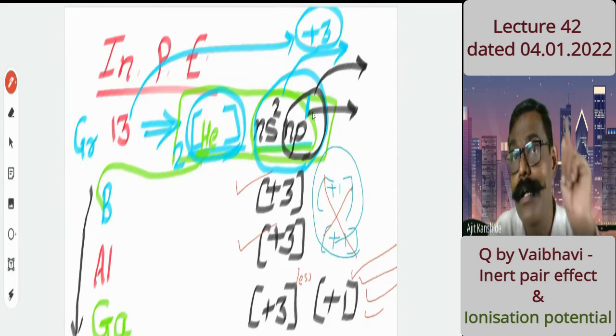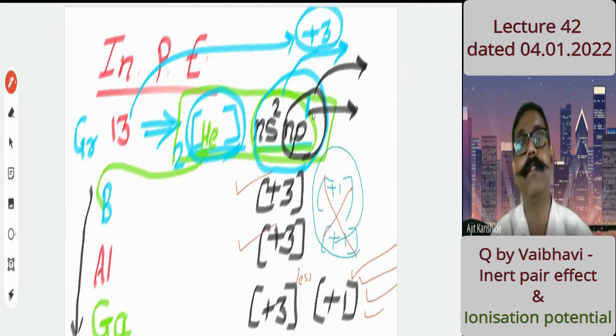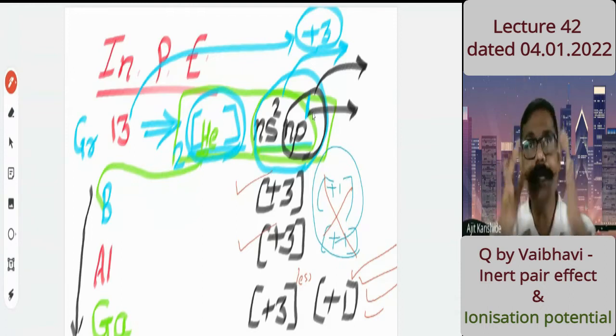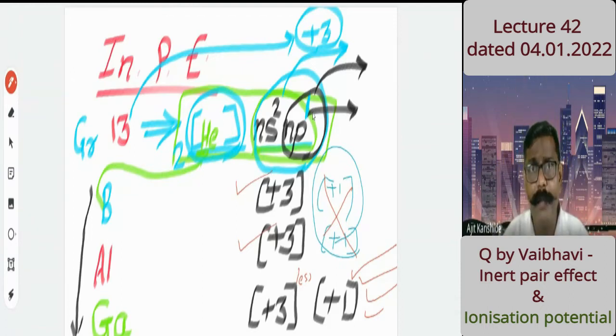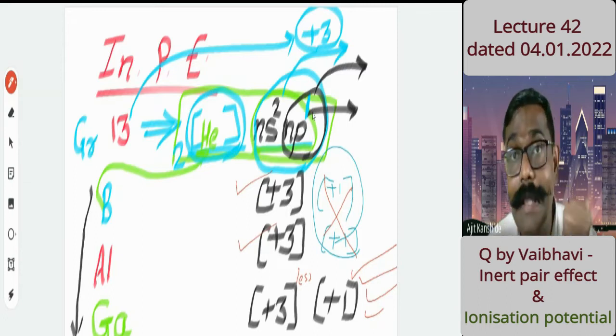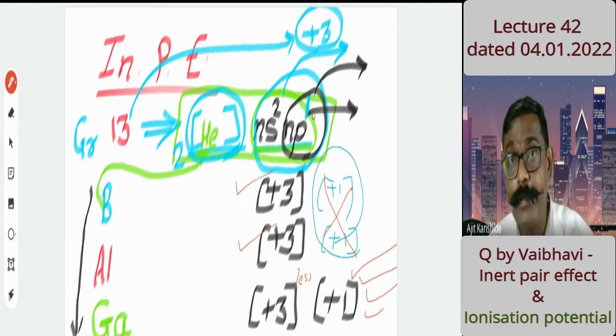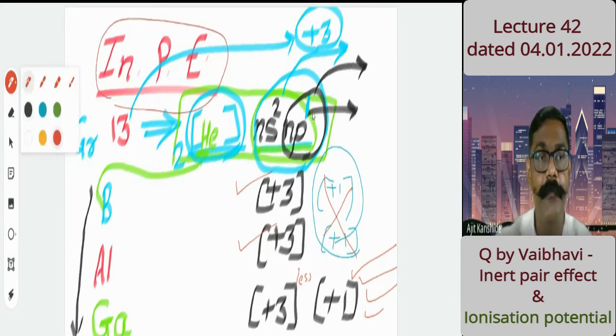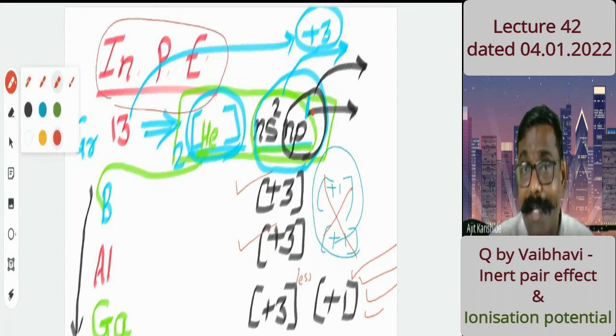For that, the concept asked by Vaibhavi is there. What is our problem? For upper elements, we are finding plus 3 as a stable oxidation state. And for lower elements, we are finding plus 1 as a stable oxidation state. And it is because of which phenomenon? Inert pair effect phenomenon. Means what exactly happens?